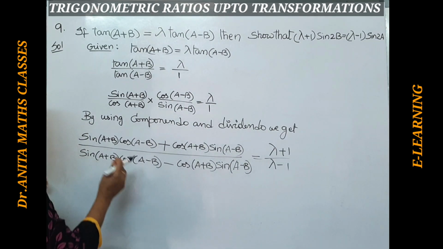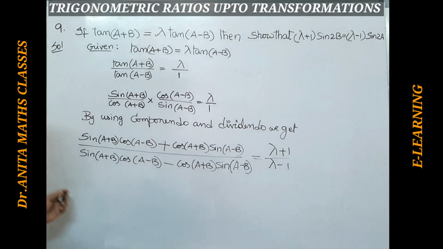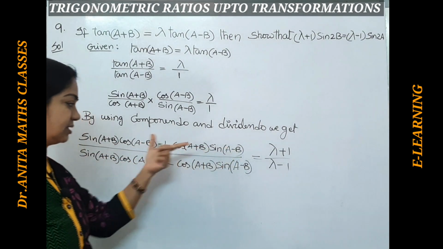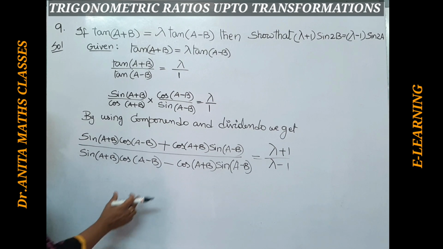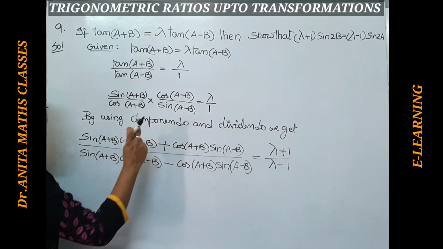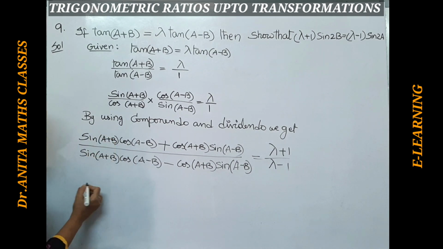Now if you see, this is in the form of the compound angles formula, sine A cos B plus cos A sine B. So this is clearly sine(A plus B), and here sine(A minus B), where A is A plus B and B is A minus B. So in that we will transform it.